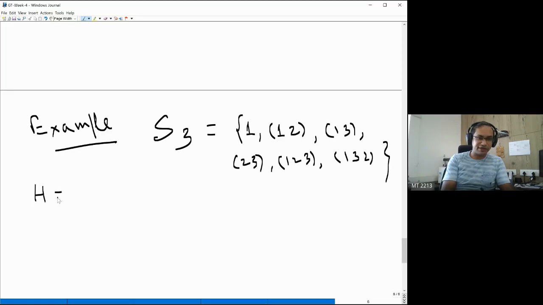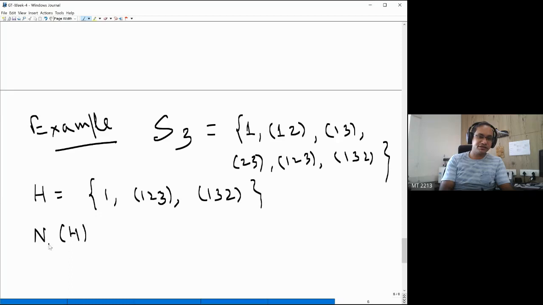So, for example, if I take H to be {identity, (1 2 3), (1 3 2)}, then what is the normalizer of H in S3? It will certainly contain H. Now the question is whether it contains anything from outside.